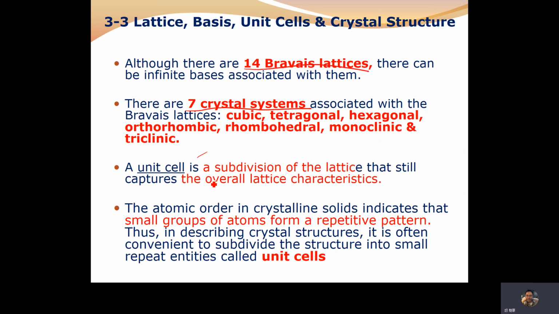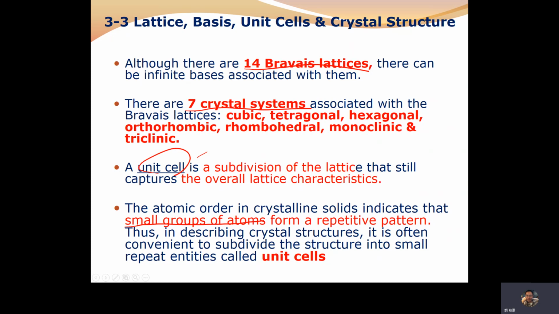And a unit cell is a subdivision of the lattice that still captures the overall lattice characteristics. The atomic order in crystal solids indicates that a small group of atoms form repetitive patterns.